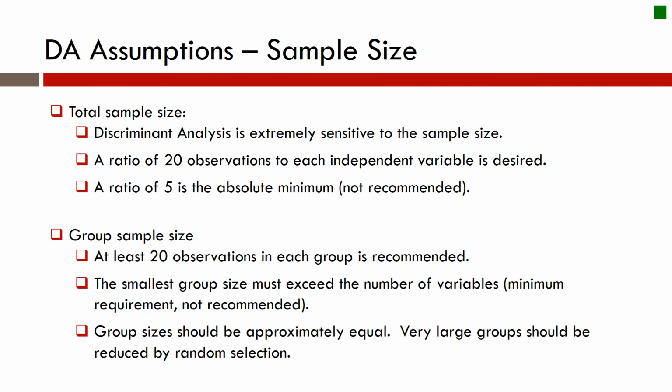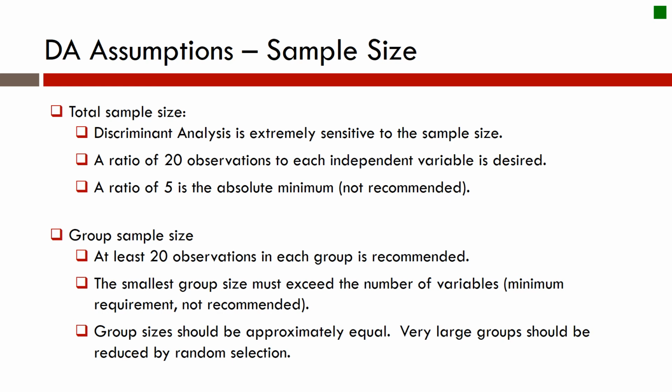Also, in addition to that, remember we're grouping observations, so we have multiple groups under analysis. We need to have at least 20 observations in each group. That would be the ideal number. So if we have three leveled groups, we need to have at least 60 observations, at least 20 in each group.